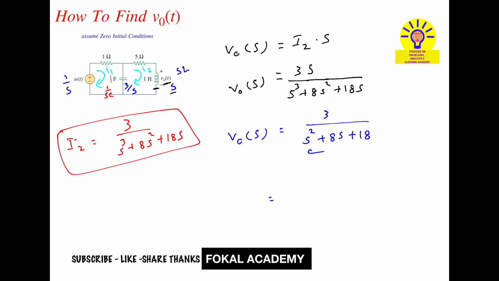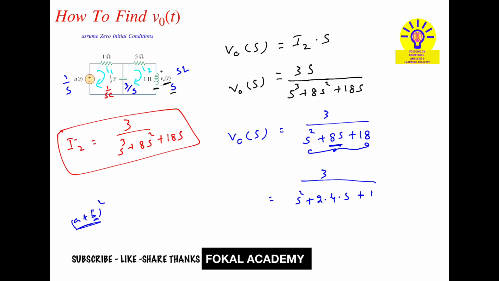Now write this one in a plus b whole square form. So that is 3 by s square plus, this term can be written as 2ab. So 2 into 4 into s, so if b is 4, here it becomes 16.